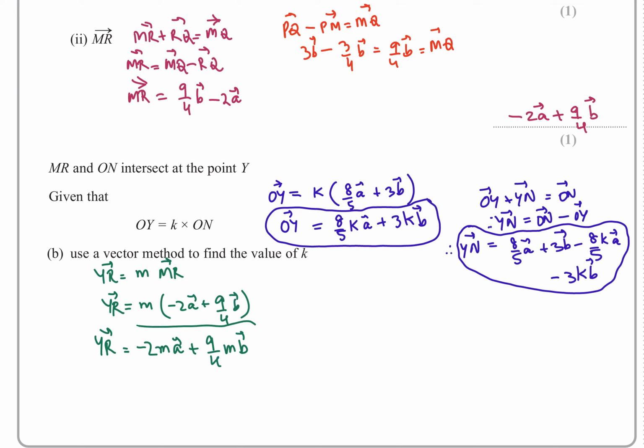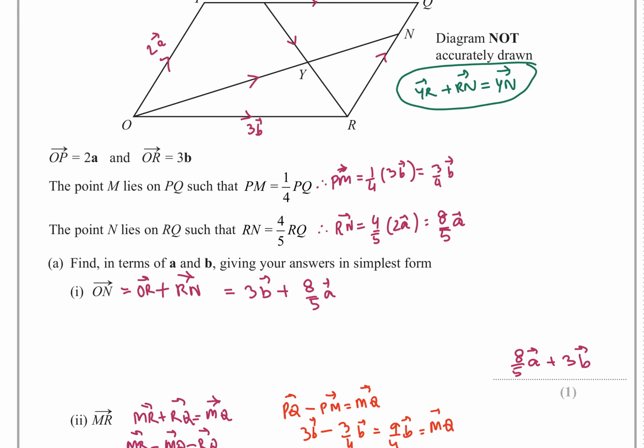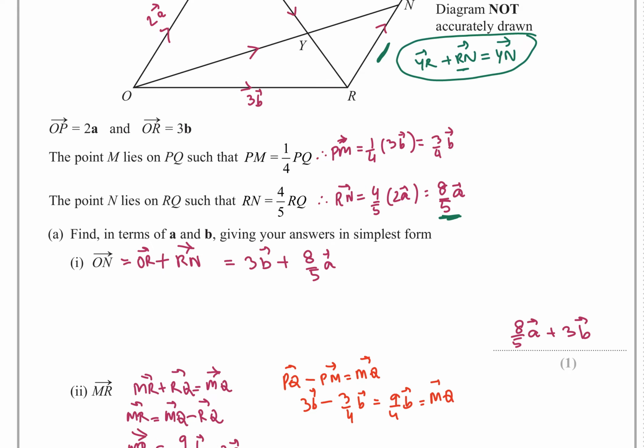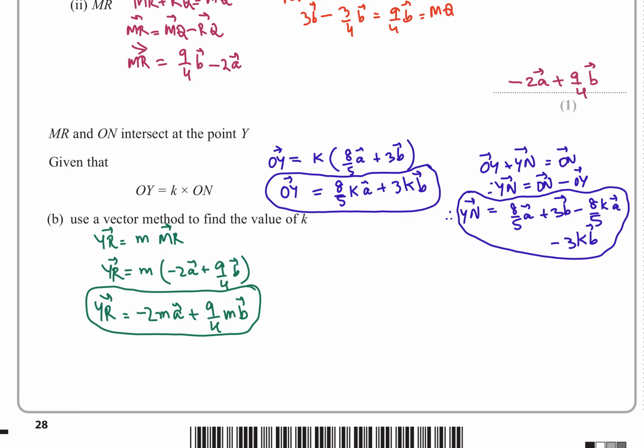So again, it's important. You will see how it all fits in together. So I've got YR, YN, and RN I already know. This is RN, which is 8 over 5a. So I can form this equation now, and then we can solve it.